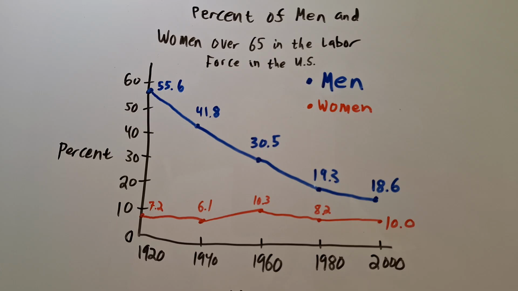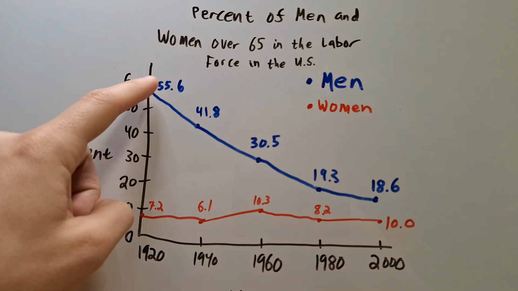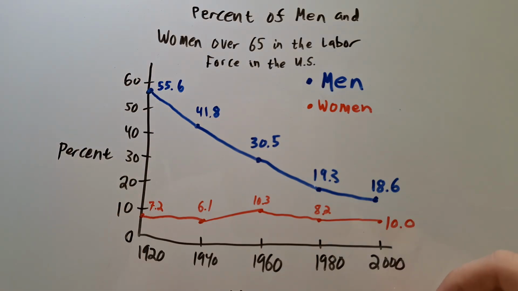So a couple of different questions we could be asked. One would be to say, find the difference in the percent of men and the percent of women over 65 in the labor force in the year 1920. So we could find the difference between those two, 55.6 minus 7.2.